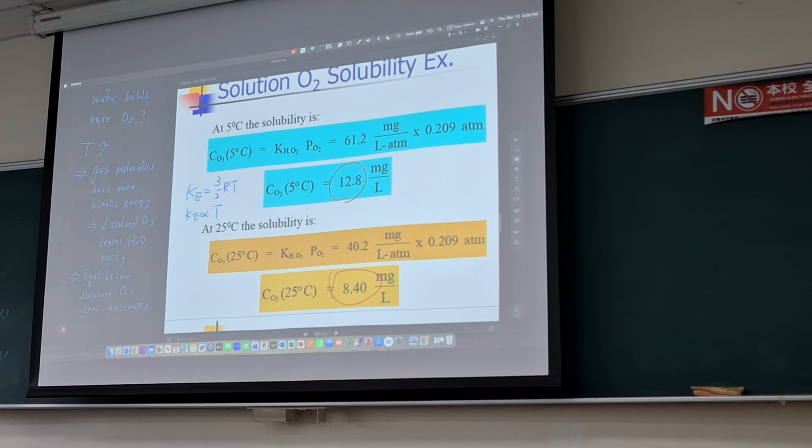In this case, the equilibrium dissolved oxygen concentration decreases. Okay?